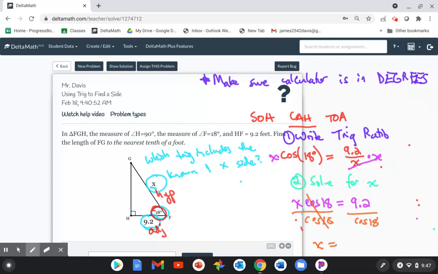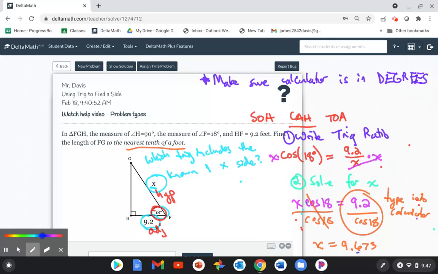This is what you're going to type in your calculator: 9.2 divided by cosine of 18. Make sure it is in degrees. I got 9.673. It says the nearest tenth of a foot. The tenth is the 6, next door is a 7, so we round up.